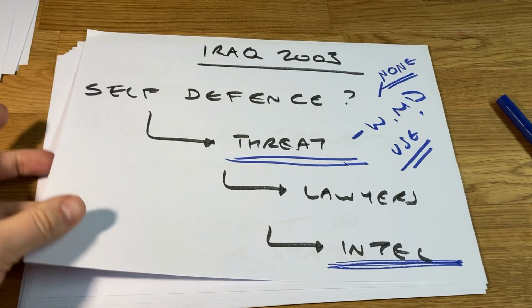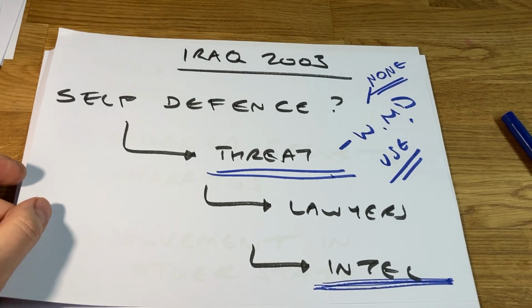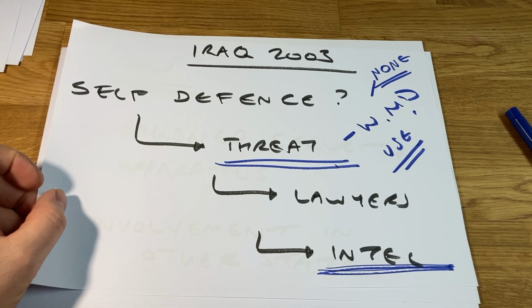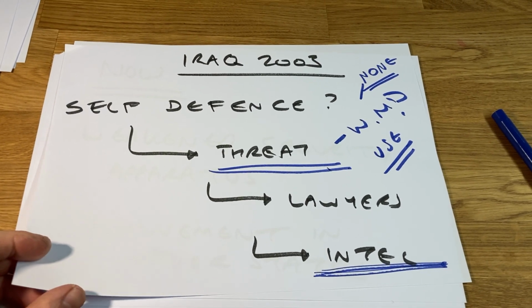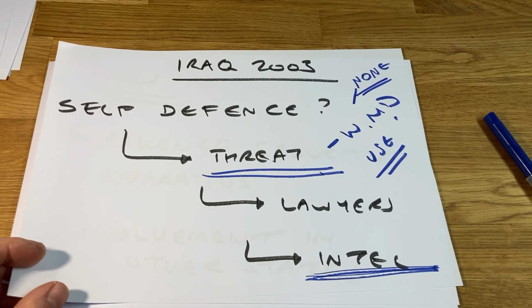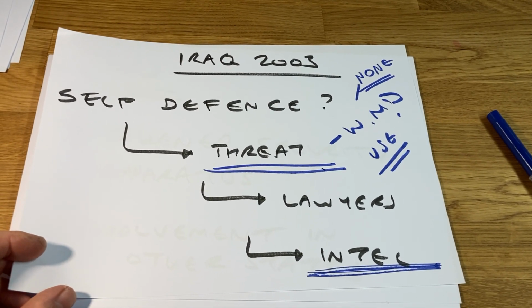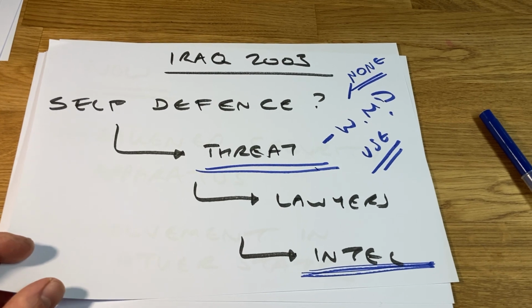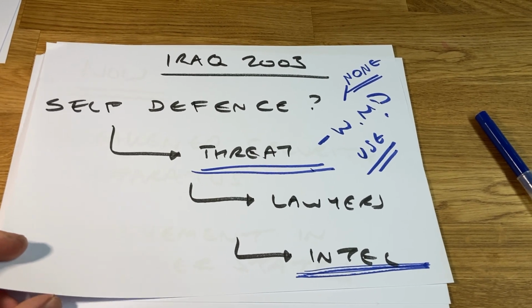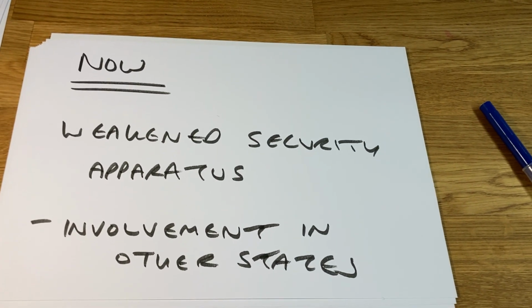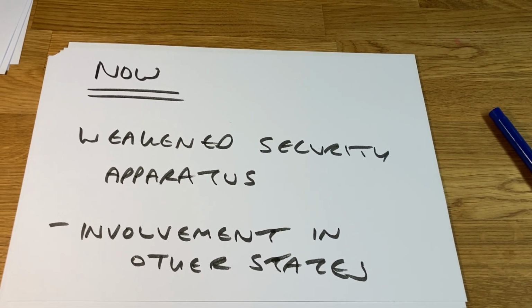The second thing is that unless someone can throw some form of a spanner in that defence, it is very hard to say that a leader has acted illegally if the intelligence that they are presented with tells them what that threat is and they have to act on it. The other thing that has happened is we live now in a weakened security world.